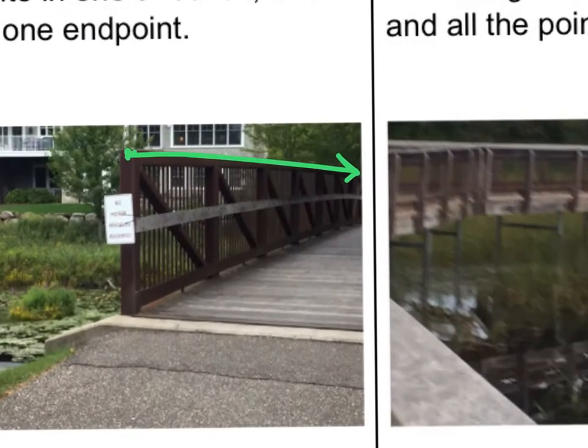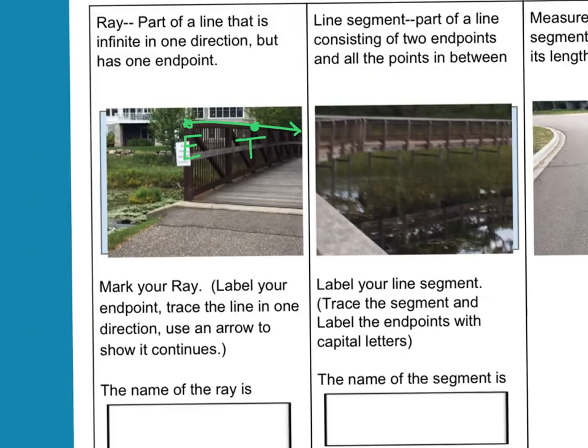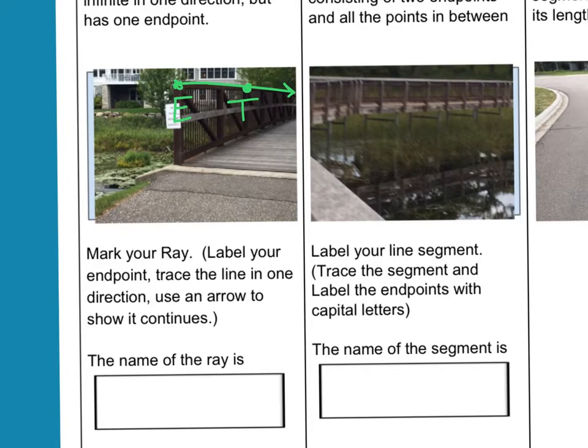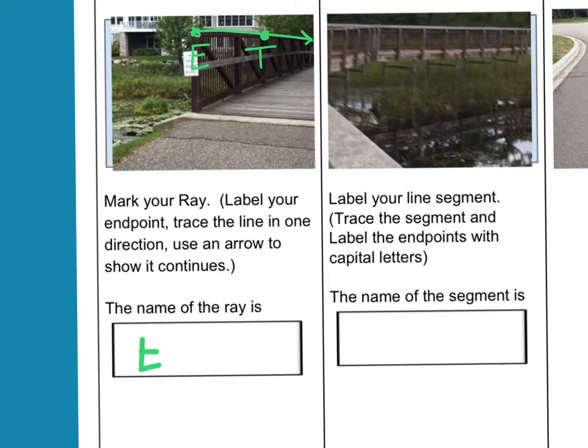To label my ray, I can mark one endpoint. I'll call it E, why not? And another point on that line, which I'll call like T. I've now labeled my ray, I've put points on it. The name of this ray is ET.